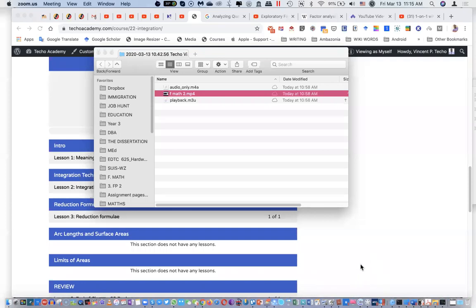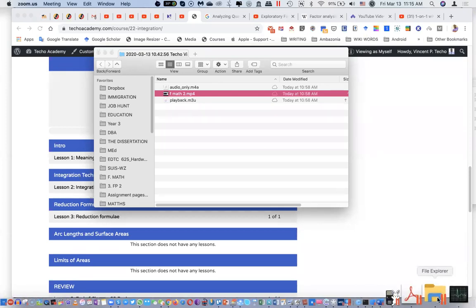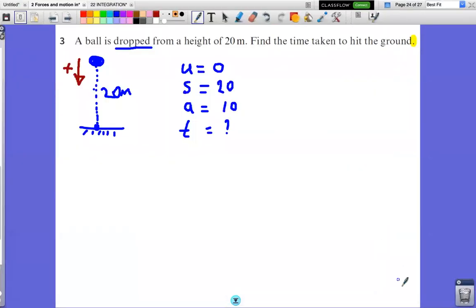I cannot find anyone. Where are you guys? Anna. Which equation should we use there?